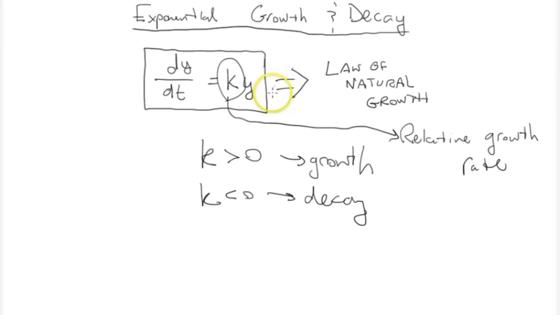Well, we're going to solve this differential equation. And this is the only kind of differential equation we're going to solve, the first degree separable differential equation, where we can basically separate this derivative and then integrate. That's the only kind of differential equation we're going to be able to do in this course. But it's a really helpful one in terms of explaining lots of different kinds of exponential growth and decay.